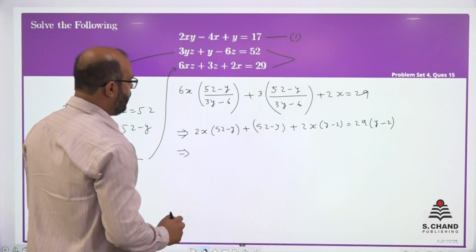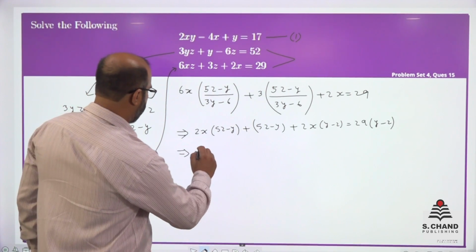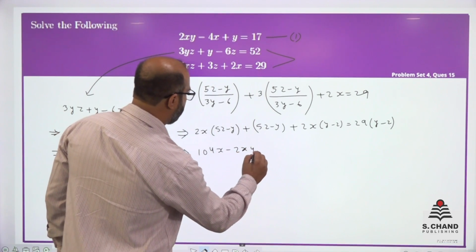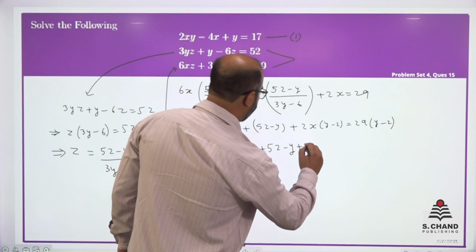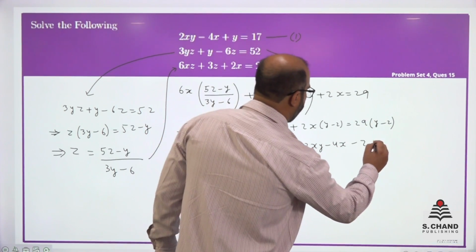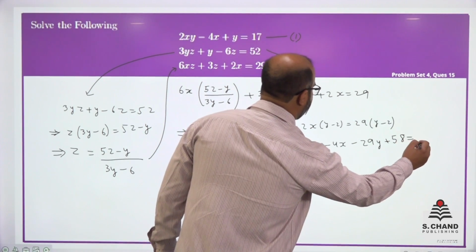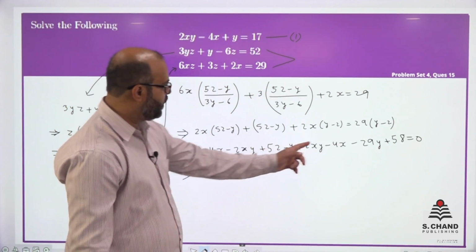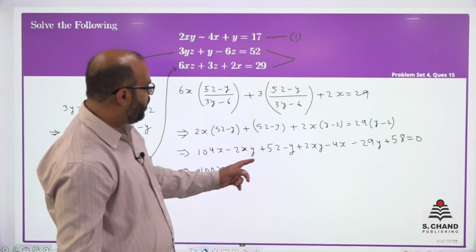Now, let us multiply. So, 104x from here minus 2xy plus 52 minus y plus 2xy minus 4x minus 29y plus 58 is equal to 0. So, this will become 104x minus 4x, that will be 100x, okay. And what about y?